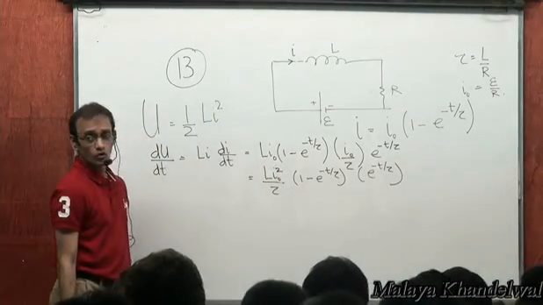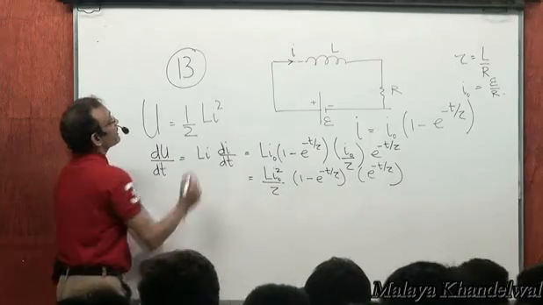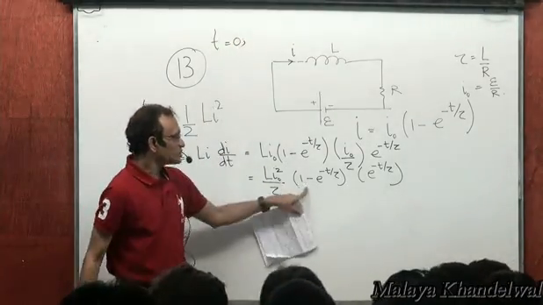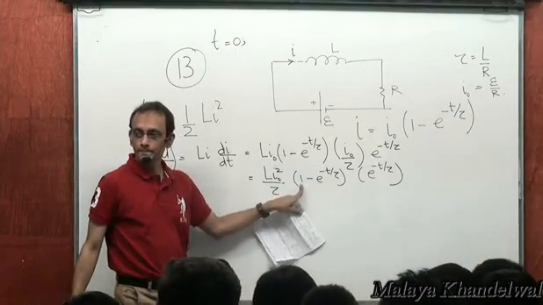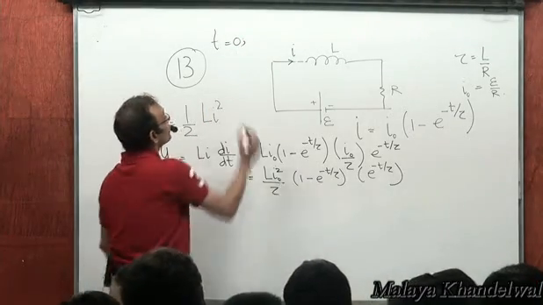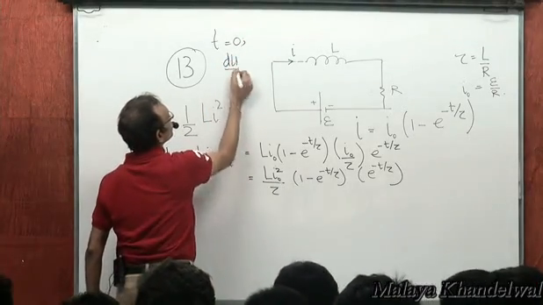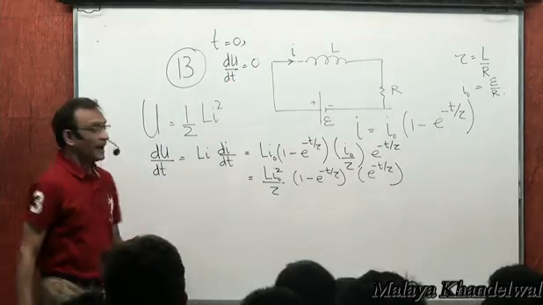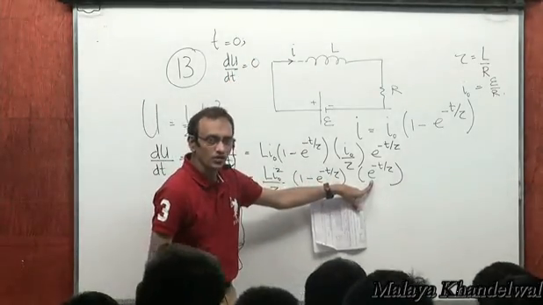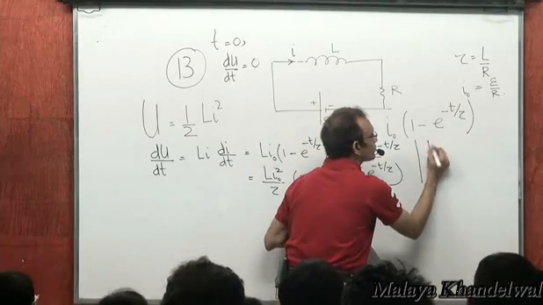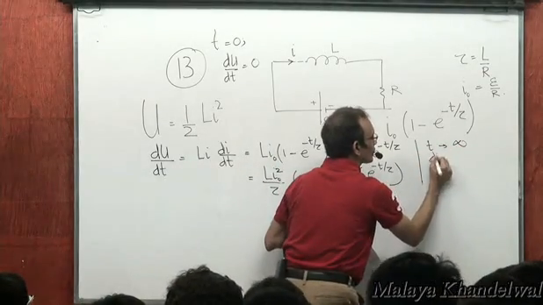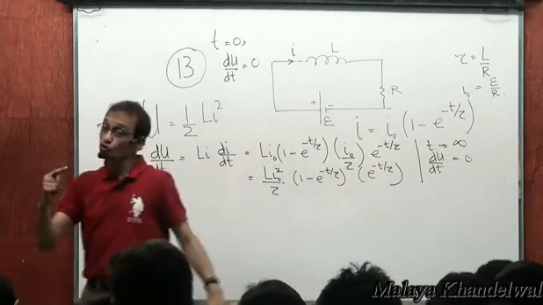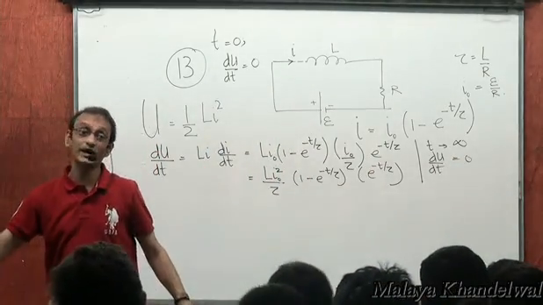Now do you see that at t equal to 0, this will become 0? 1 minus 1, so dU/dt is 0. At t equal to infinity, this will become 0. That means at t equal to 0 and at t equal to infinity, dU/dt becomes 0.